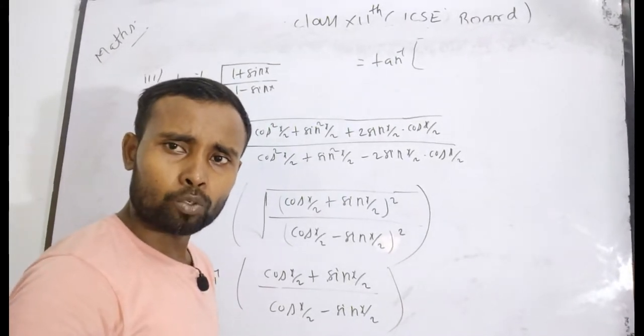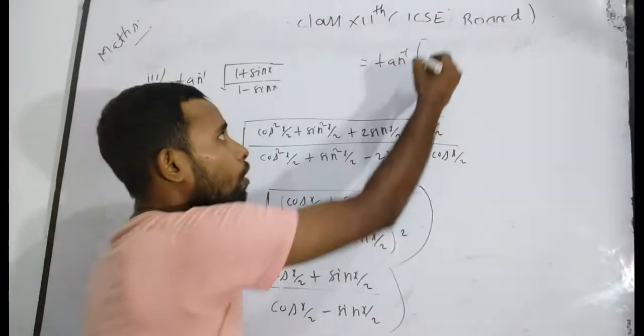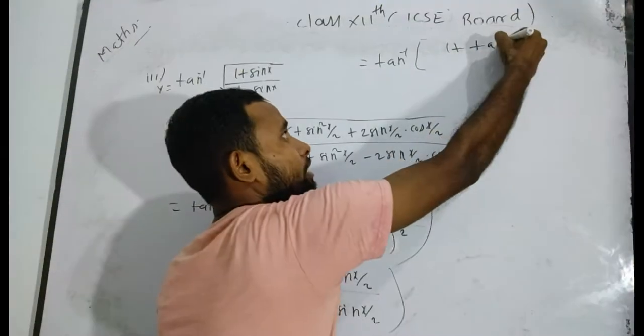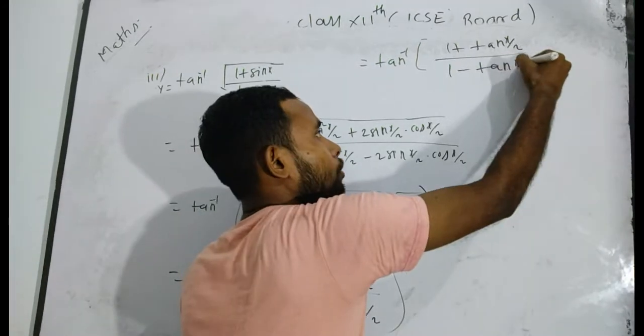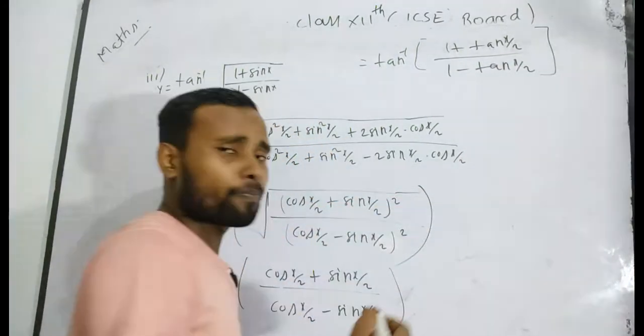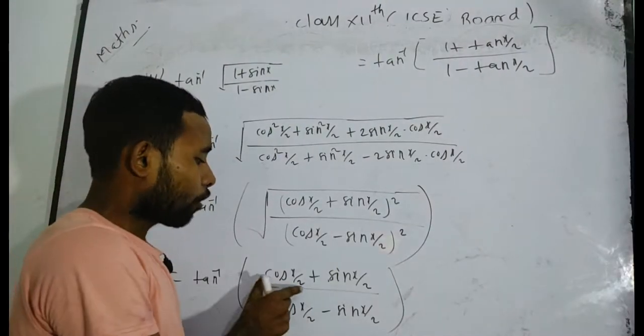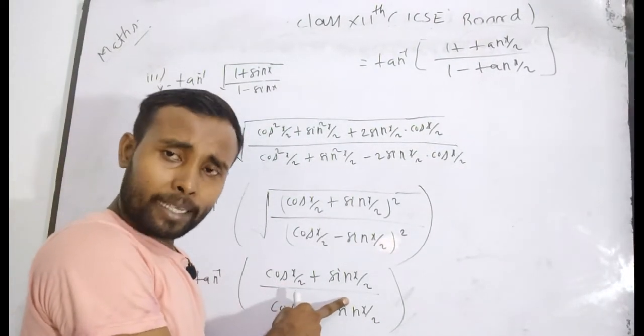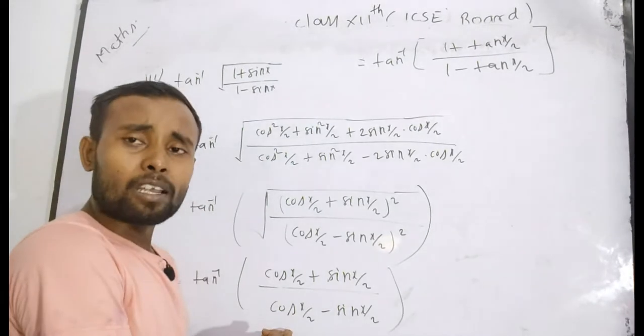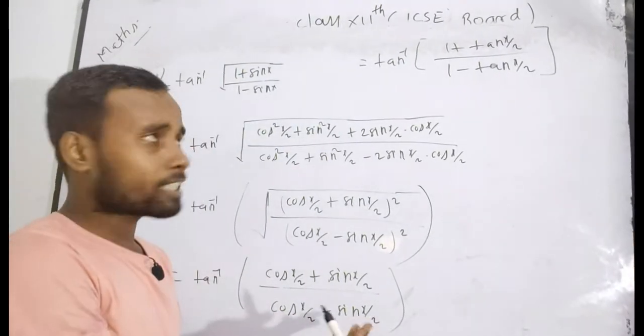That means you can easily write 1 plus tan x by 2 divided by, in the denominator, similarly 1 minus tan x by 2, because after dividing by cos x by 2 you get 1 and tan x by 2 in the numerator, and similarly 1 and tan x by 2 in the denominator.